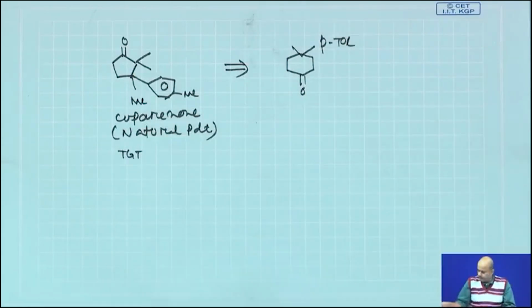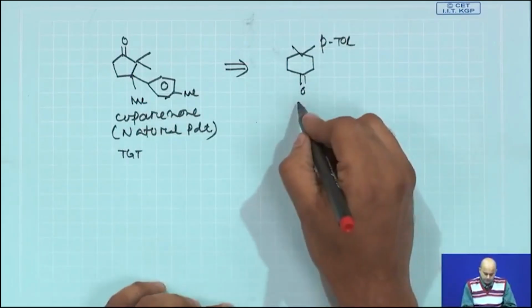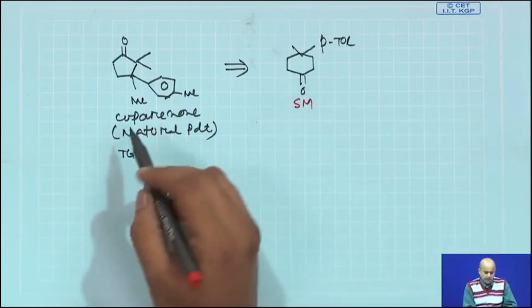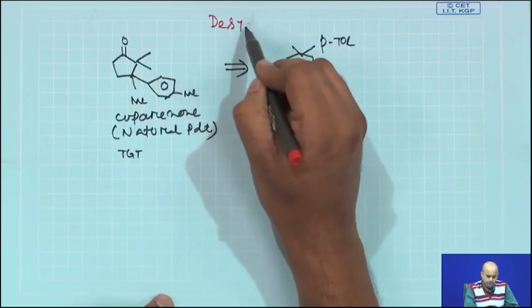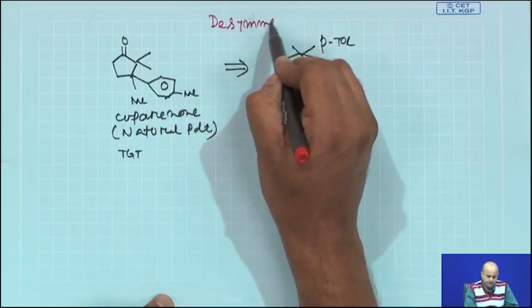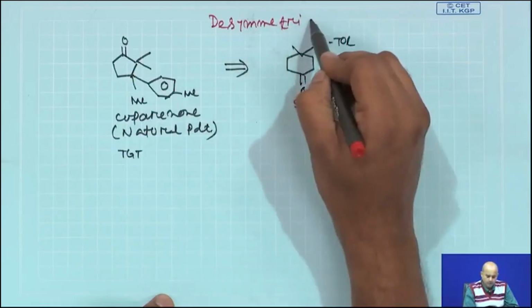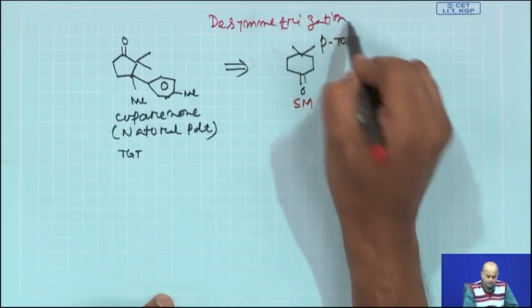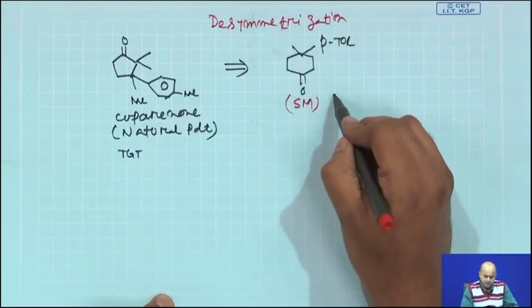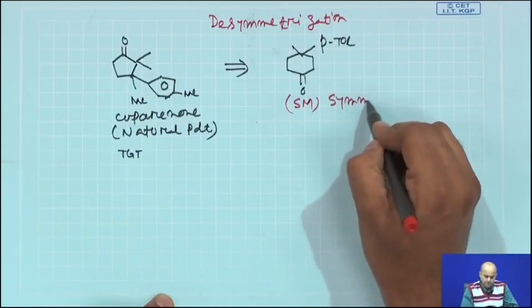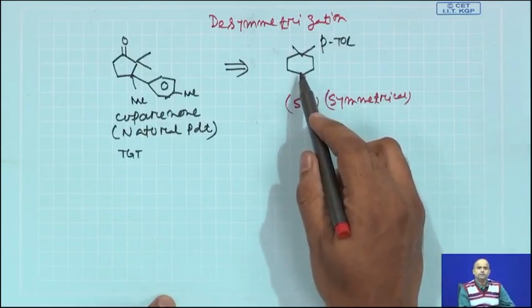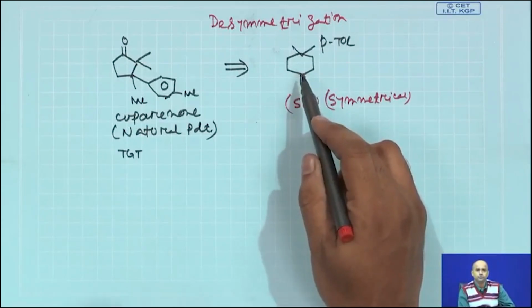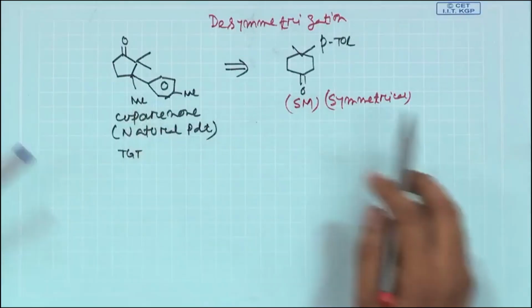If you see, the starting material is a symmetrical starting material, and I say that our strategy will be based on a disymmetrization strategy. The starting material has a symmetrical structure, so you need to use a simple disymmetrization strategy to access the target molecule.